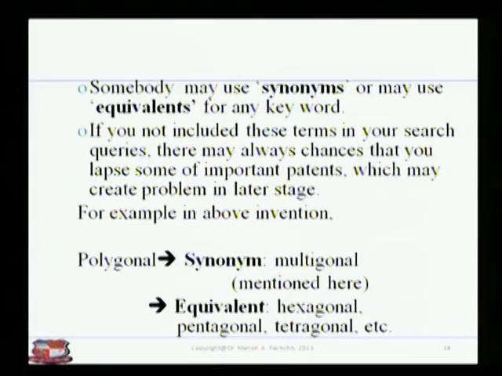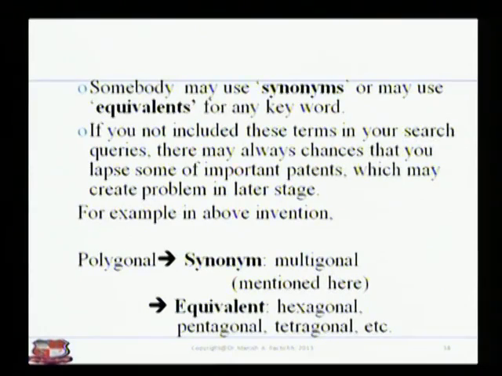He has used the word multigonal but not polygonal. So let's imagine, if I do a patent search using only polygonal, I may miss the patent that belongs to multigonal. Or else somebody uses terminology like hexagonal, pentagonal, tetragonal, etc. So again, it is equivalent to polygonal.